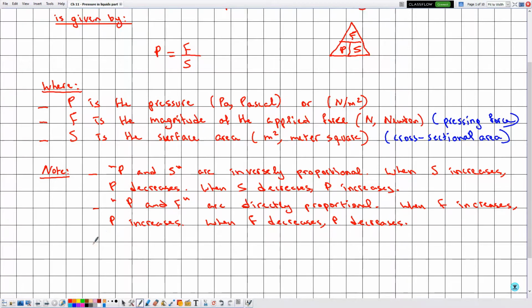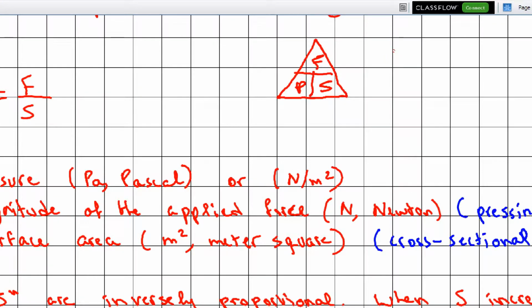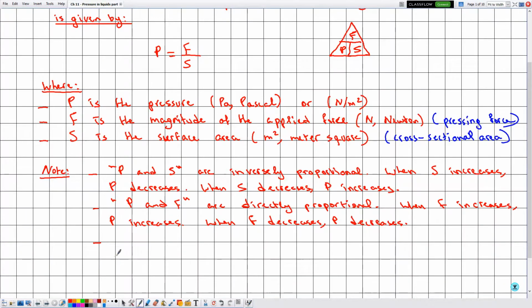Now finally we can talk also about the relation between F and S. Notice that F and S are neighbors living on different floors, so they love each other. When S increases, the value of F increases, and vice versa.